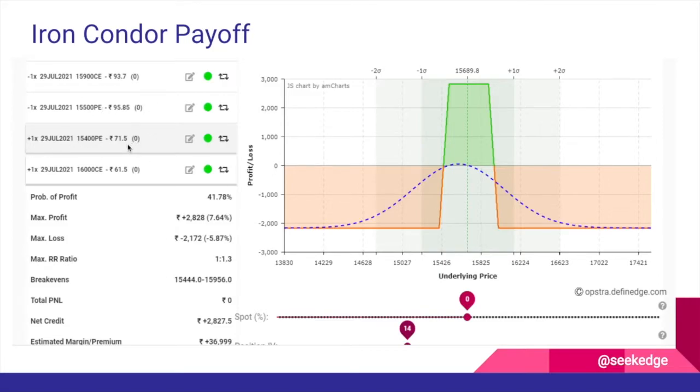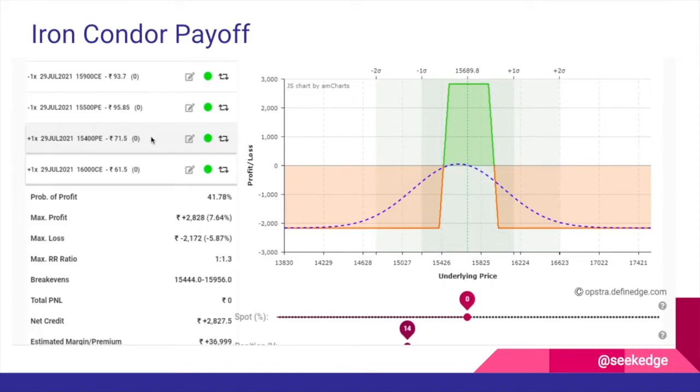Similarly, what we have bought is the 15,400 at 71 rupees and the 16,000 at 61 premium. Those two combined come to 130 rupees something. So the difference between 130 and 200 is somewhere around 50 rupees. That is multiplied by the lot size of 50, and that is how it is calculated.